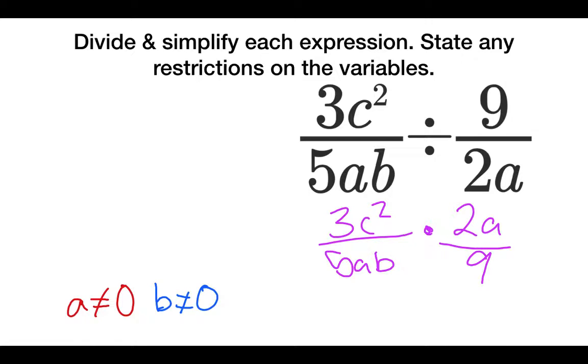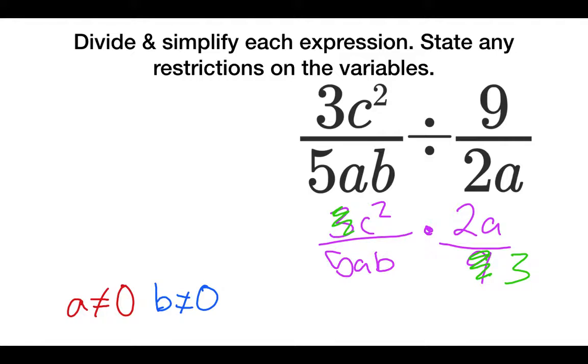So I'm going to start with, let's see, the diagonals. Does anything in 3c squared go with 9? Wait a second. 3 and 9, that becomes the number 3. Now let's look at the other side. 2 and 5, nope. But if you look, there is an a.